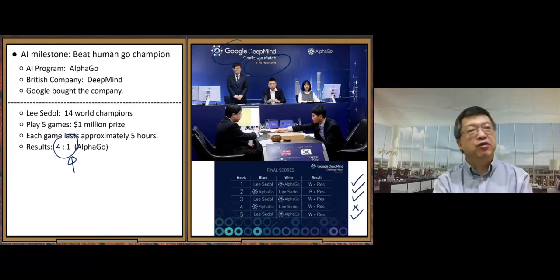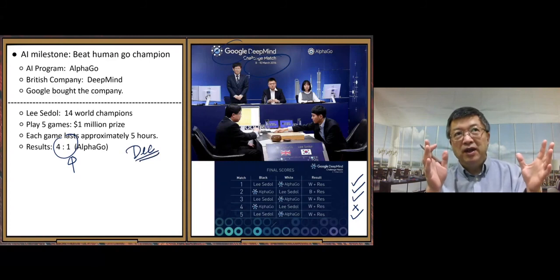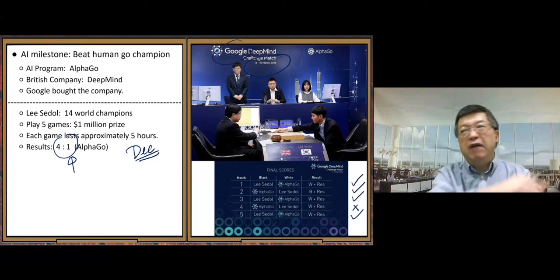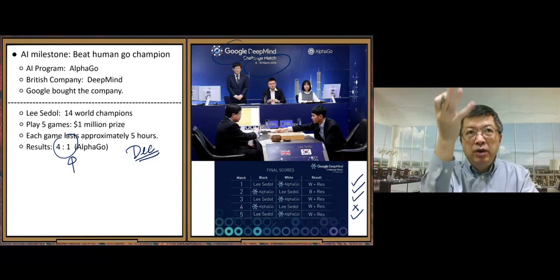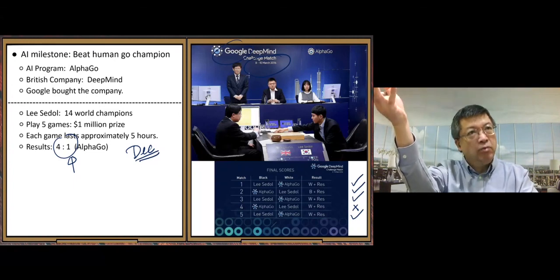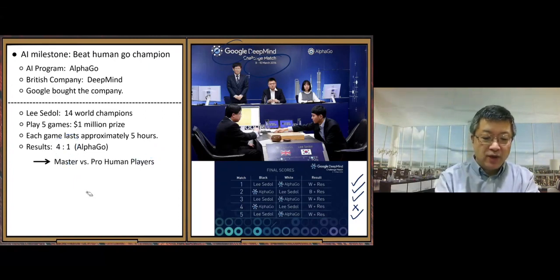Soon after that, a little more than half a year later, because this happened in March, then in December the same year, 9 months later, the second version of AlphaGo came out and challenged the top-level human Go players in the world. The result is like this.